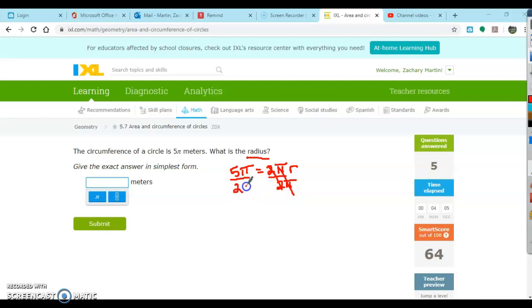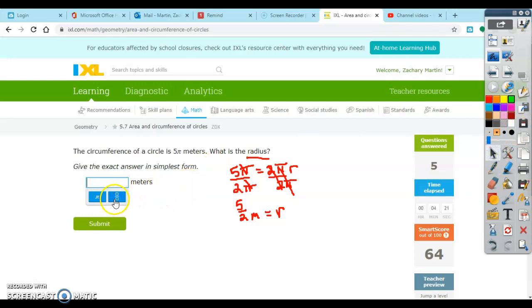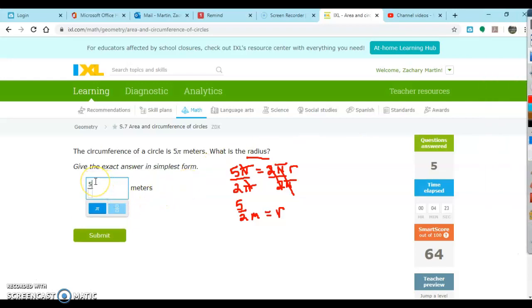When we divide by 2 pi, we isolate the r on the right-hand side, and that gives us the radius. These pi's cancel, and we're left with just 5 halves. In this case, meters. So my radius is just 5 halves meters. That's a fraction. They want the exact answer, so 5 halves meters.